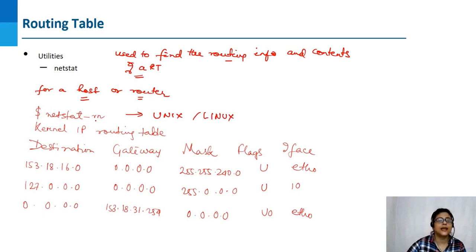We write here netstat -rn. It basically gives the kernel IP routing table. This is the destination, and it gives the gateway, then the mask, then the flags field and the interface field. In the interface field, we can understand that this is Ethernet port 0. This is also Ethernet port 0. If it is lo, it means it is the loopback address.